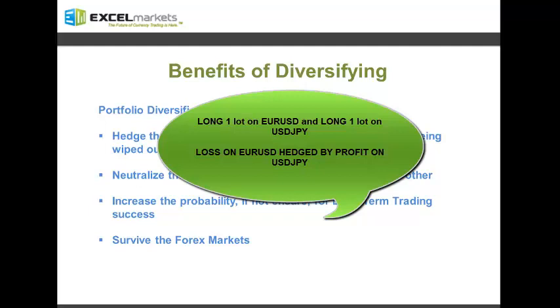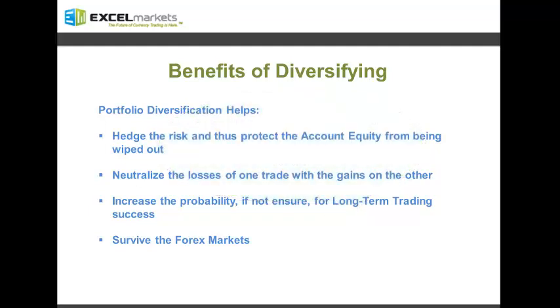If now the euro-dollar starts to slide towards lower price levels, but the dollar-yen rallies, then the loss incurred on the long euro-dollar position will be offset or neutralized by the gain on dollar-yen. So this way, we hedged our risk on long euro-dollar by going long on the dollar-yen simultaneously.